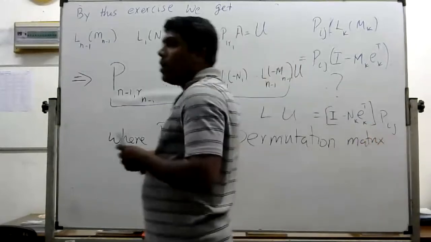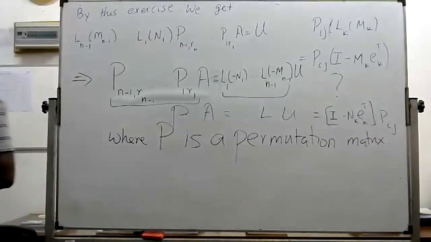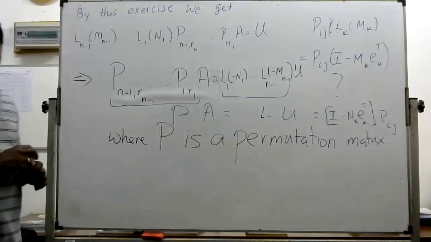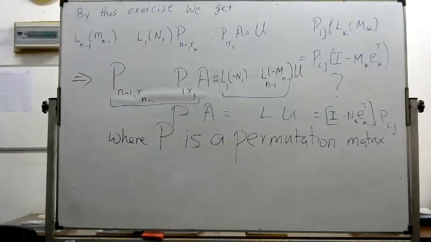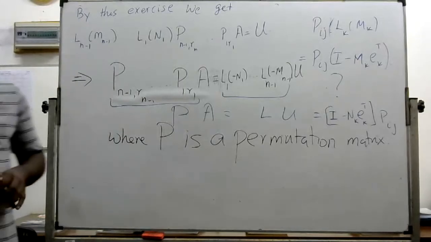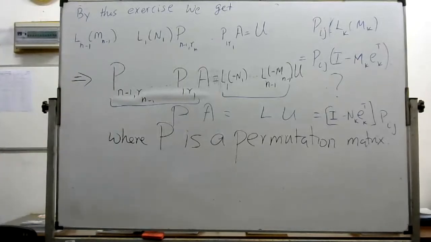If we have only one row operation, we call it an elementary permutation matrix. If you have many row operations, then we call it a permutation matrix only. That is how you do this procedure, and this is about factorizing A as PA equal to LU.